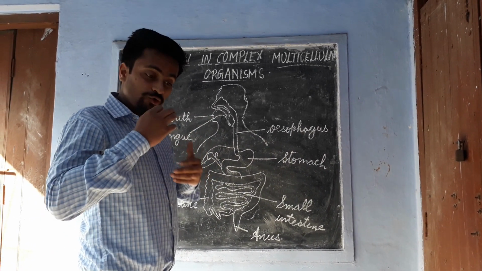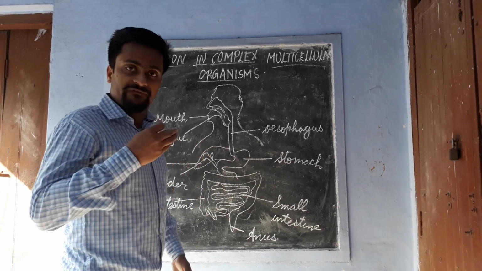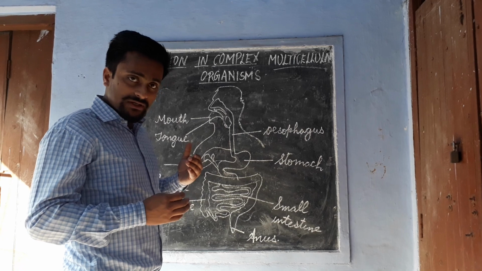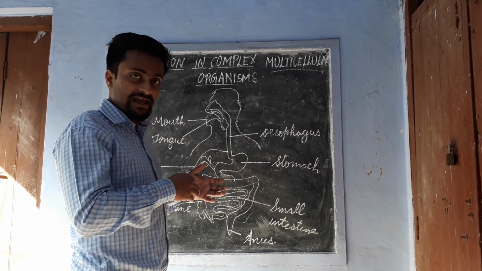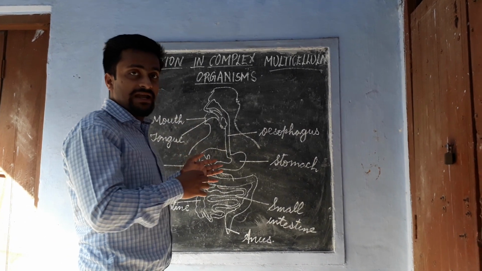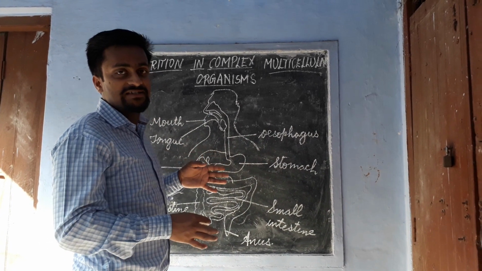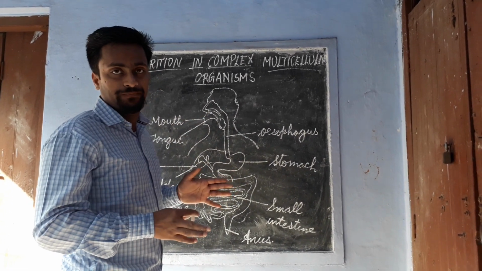So the food which is put into the mouth is first chewed by the teeth, and this process of chewing with the teeth is called physical digestion. Once the food is chewed, the salivary amylase enzyme acts on the food and digests the starch present in the food, and this process is known as the chemical digestion of food.